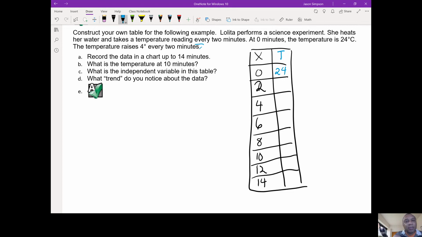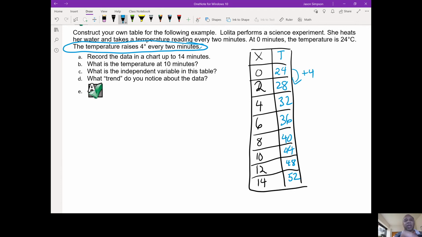And then the temperature rises 4 degrees every 2 minutes. So plus 4. 24 plus 4 is 28. Then plus 4 again is 32, 36, 40, 44, 48, and 52. Okay, so we've got that.